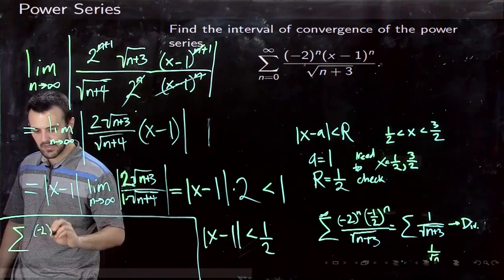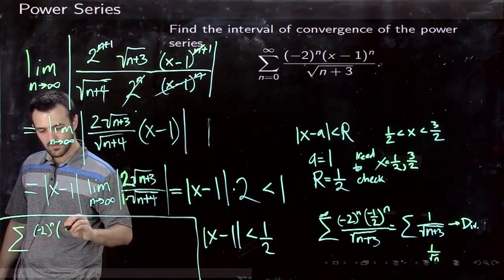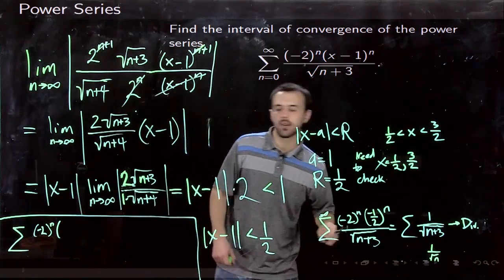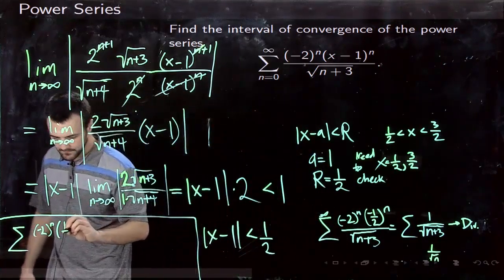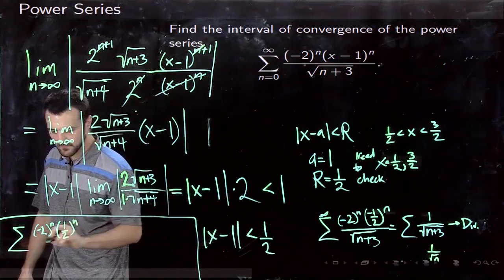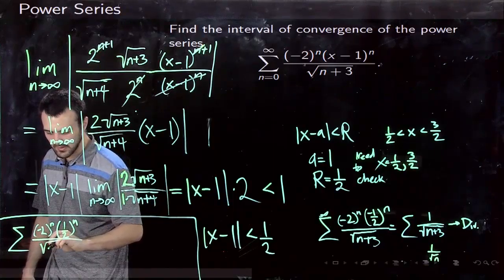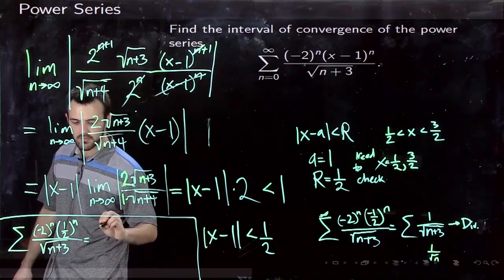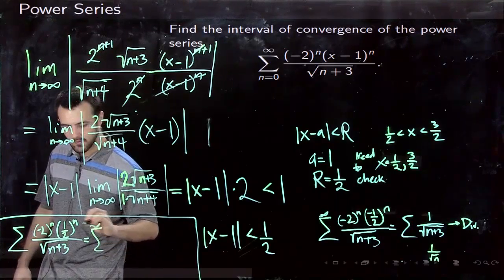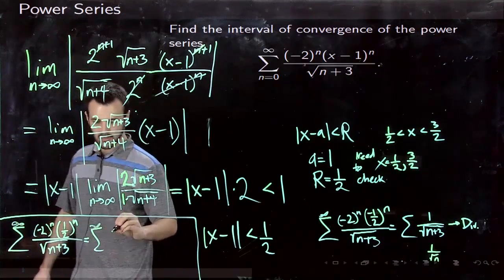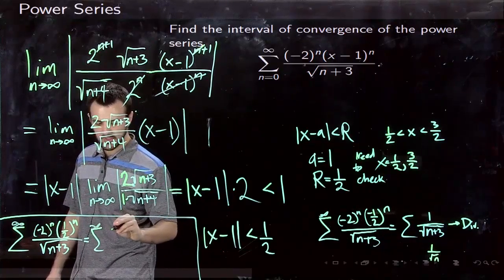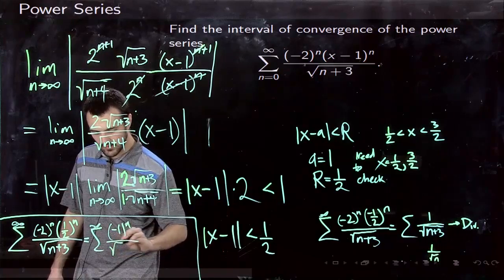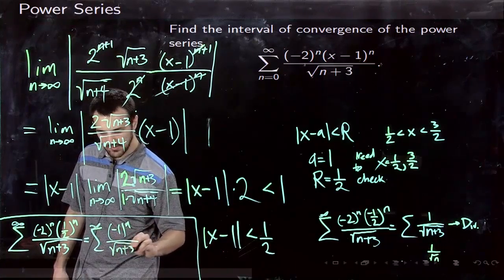We've got a negative 2 to the n, and then 3/2 minus 1 is 1/2 to the n, all over square root of n plus 3. And the 1/2 and the negative 2 become just negative 1 to the n, all over square root of n plus 3.